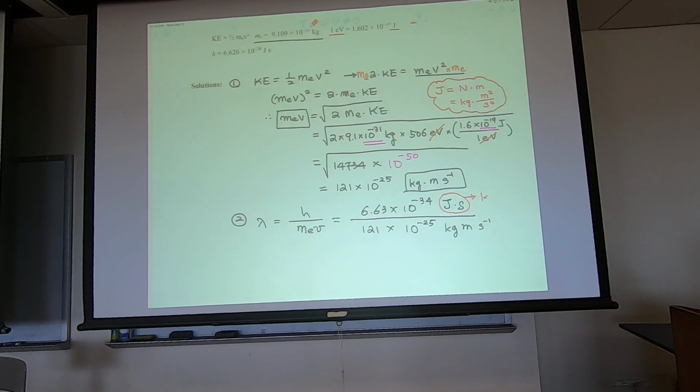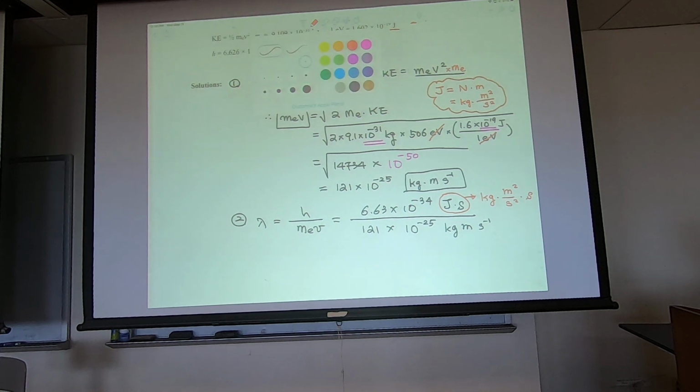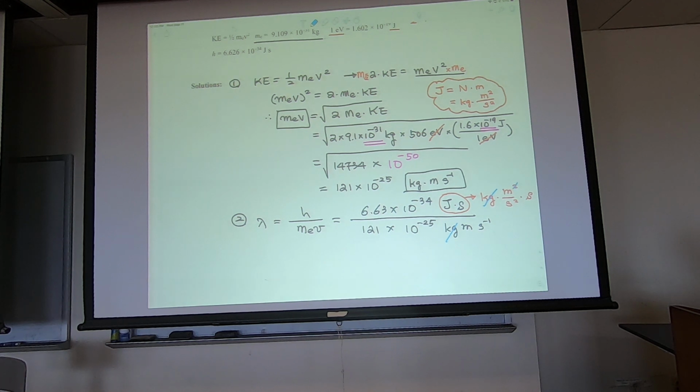Joule was a kilogram meter squared per second squared, times second, right? By doing so, what do you have left? The kilograms are gone, the meters are gone, and you are left with per second, and per second is gone. The only surviving term is a meter here.